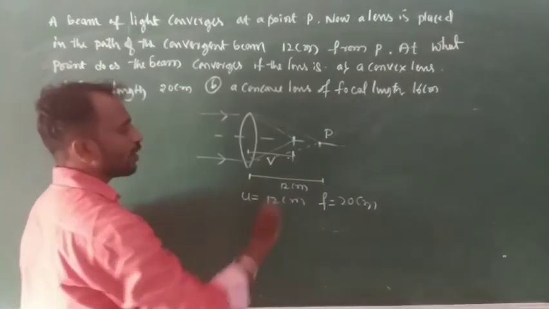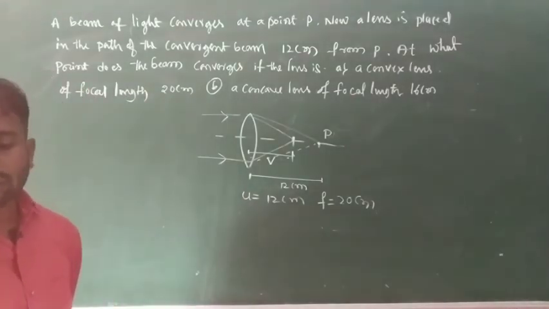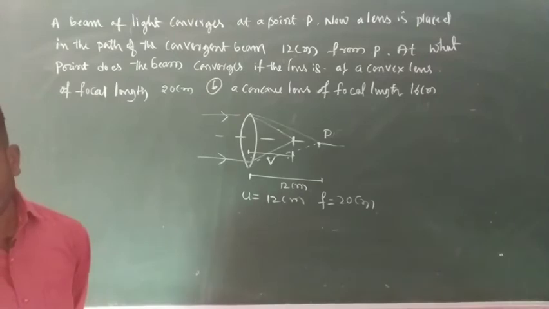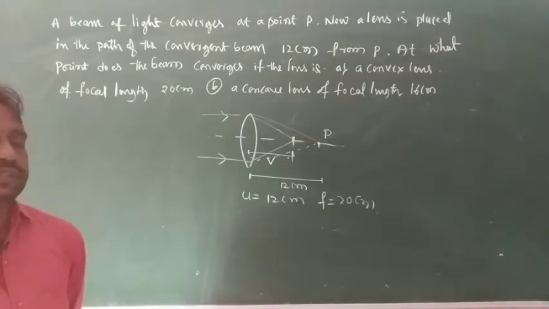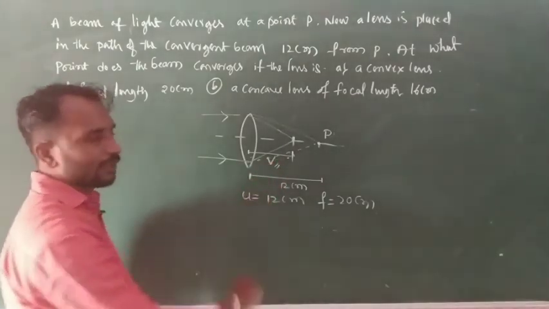Next we want to find the image distance by using the lens formula 1 by F is equal to 1 by V minus 1 by U. Then you will get the V value.